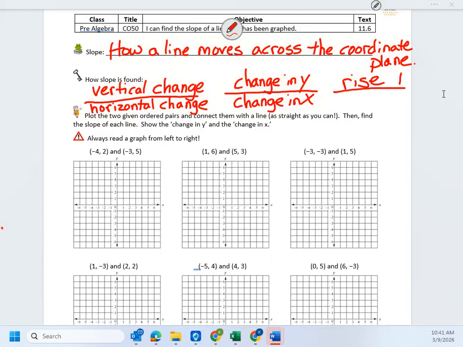So the rise is how it goes up and down, and you can put that little arrow there to remind you the rise either goes up or it goes down. And then that change in x we call the run, and that is going to the right.